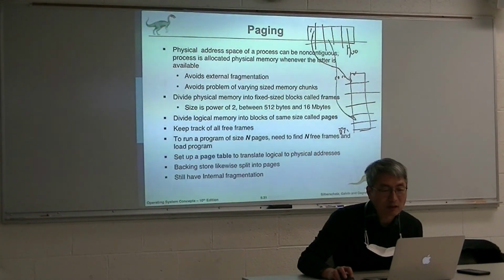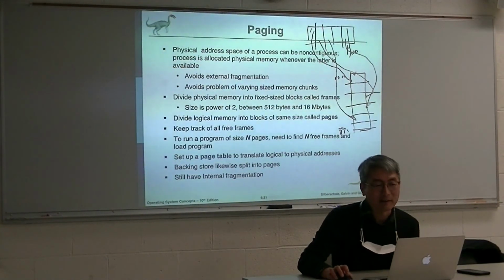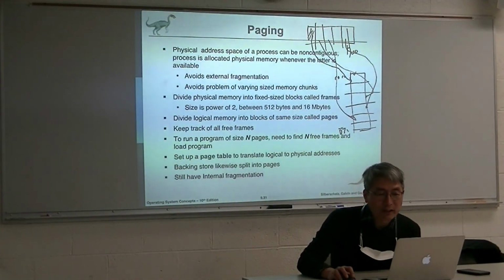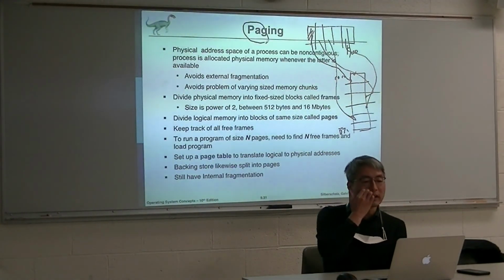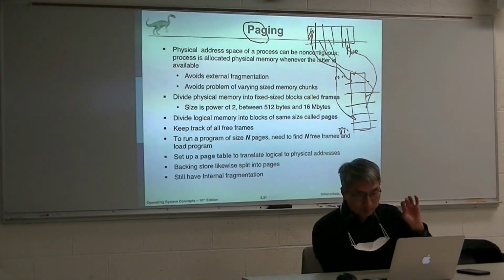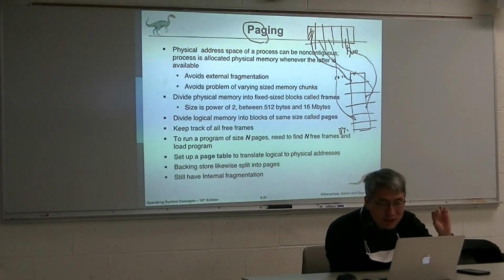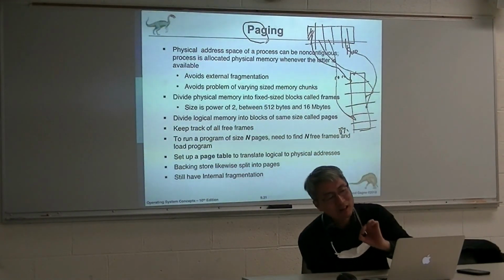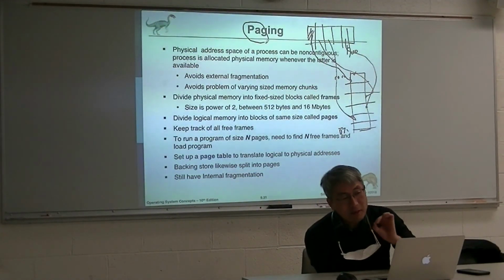This one will be here, this one will be here, and this one will be here. At this time, this unit is called the page. So paging is the fixed size unit of both process and physical memory.